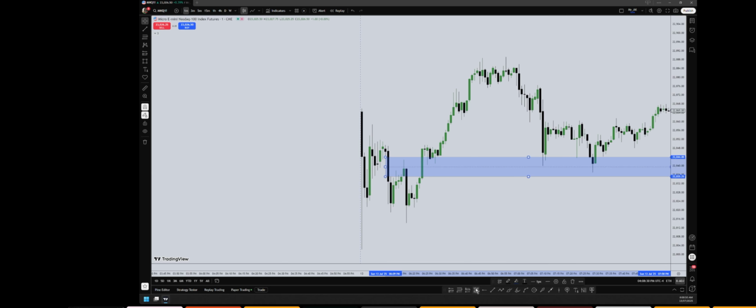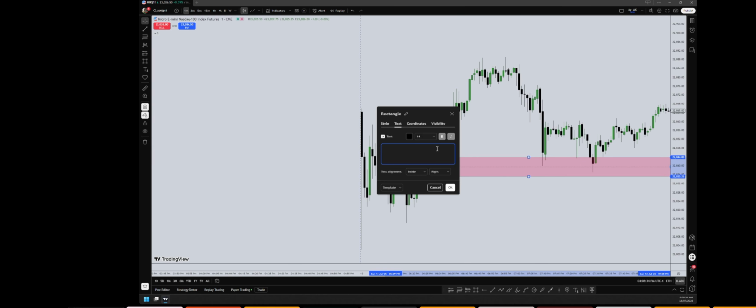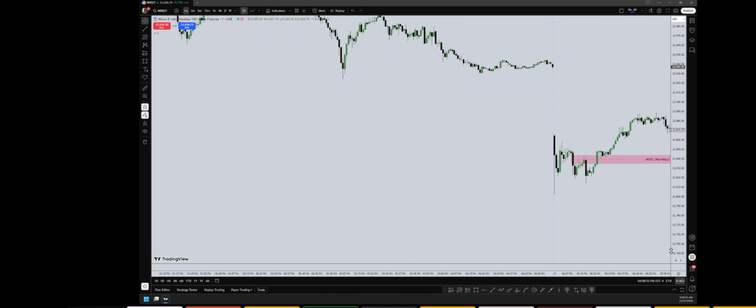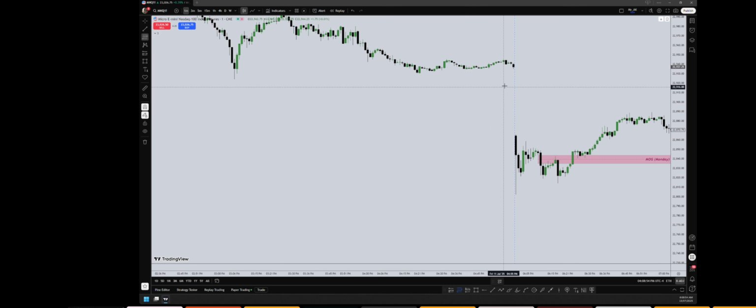This gap. I'm gonna keep this and then to open.